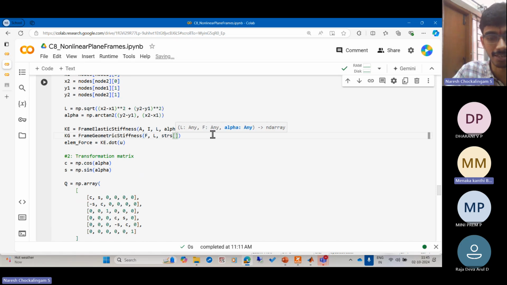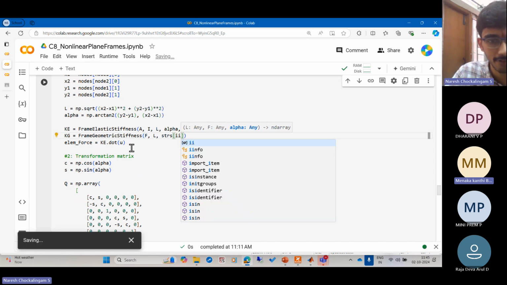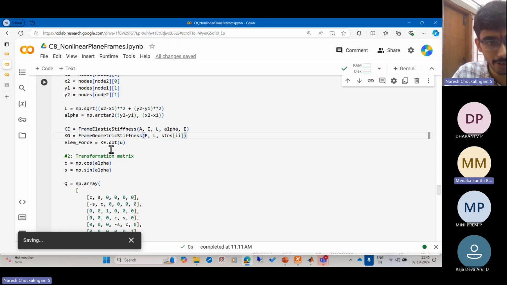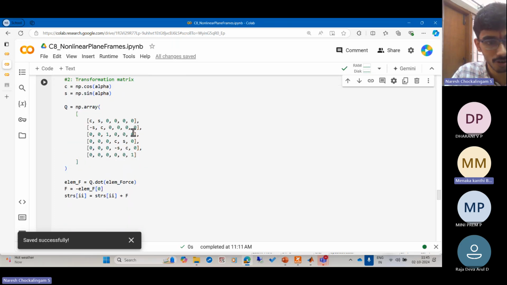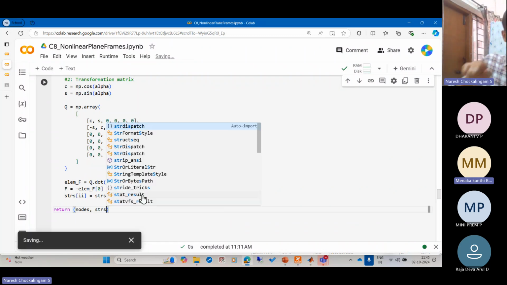The existing stress state, stress of II. So with the existing stress, find the stress update, transform it to the local coordinates, and then update the stress. So what should this return? This should return a tuple of nodes and stress. So it will return the updated stress vector and the nodes.